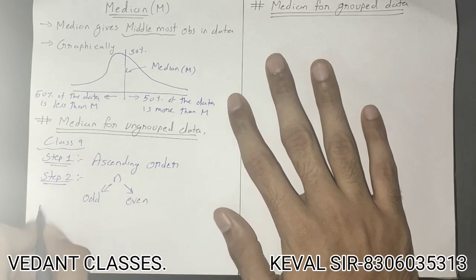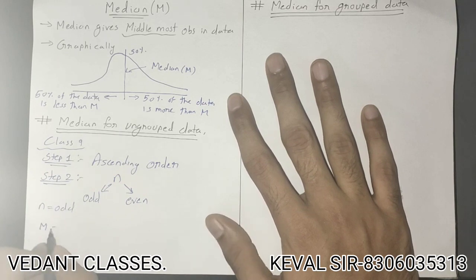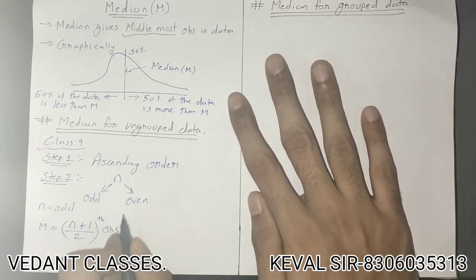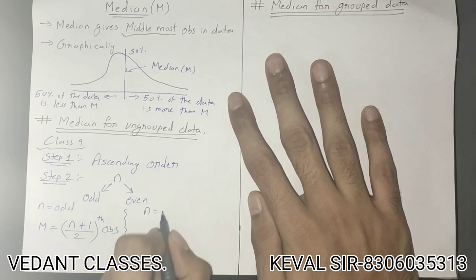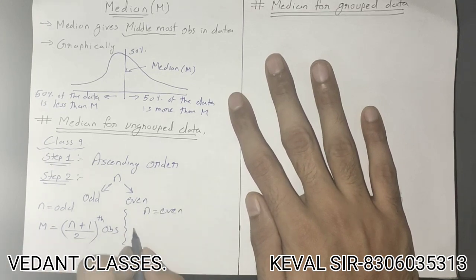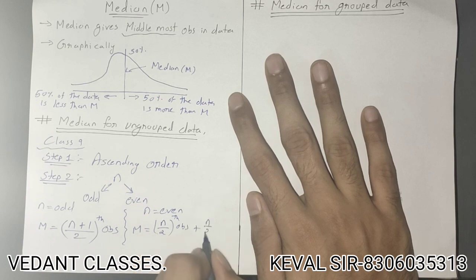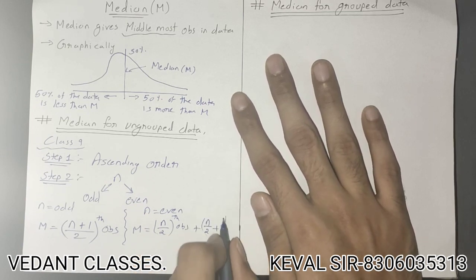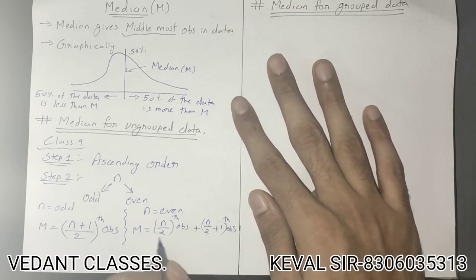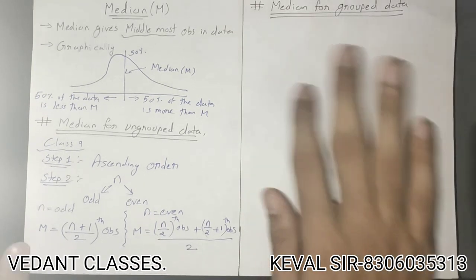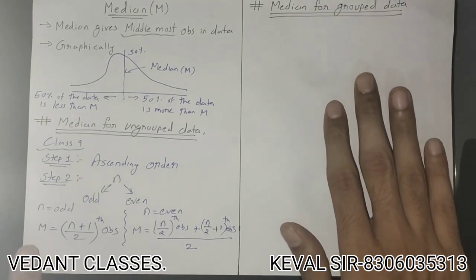If n is odd, then the median is the (n plus 1) by 2th observation. If the number of observations is even, then the median is the n by 2th observation plus the (n by 2 plus 1)th observation, divided by 2. This is how we calculate the median for ungrouped data.